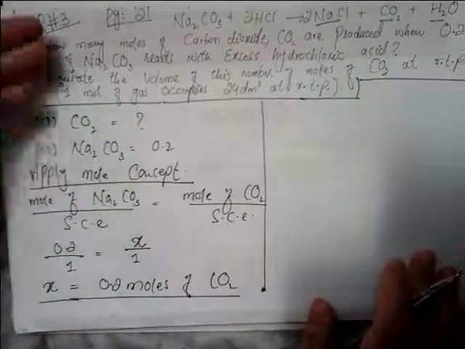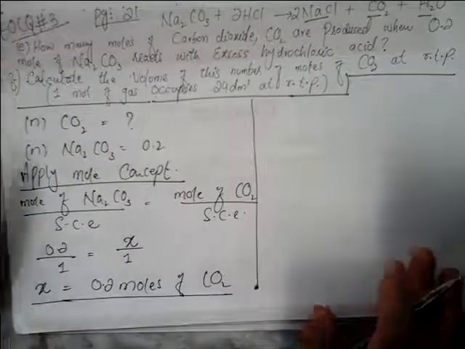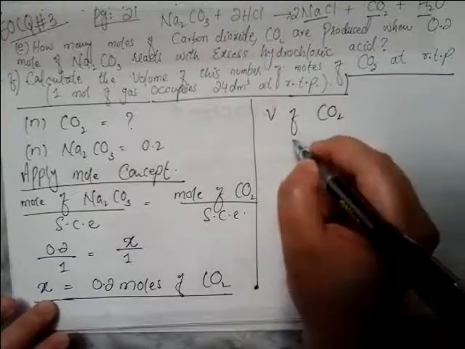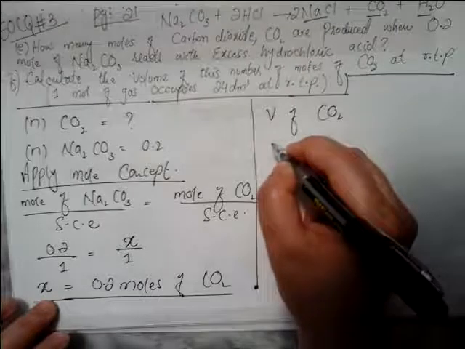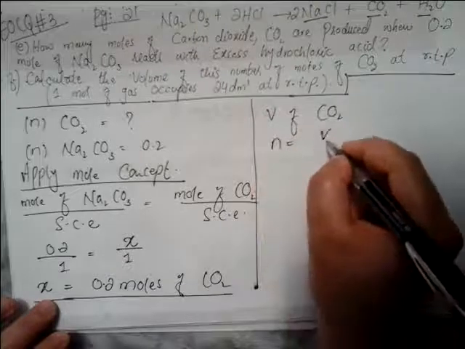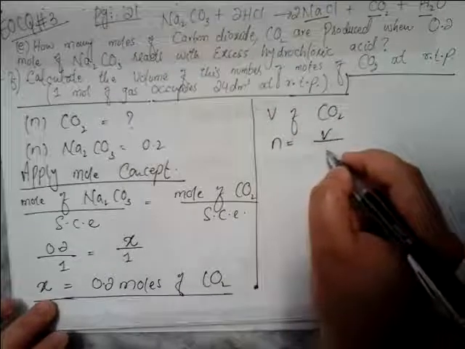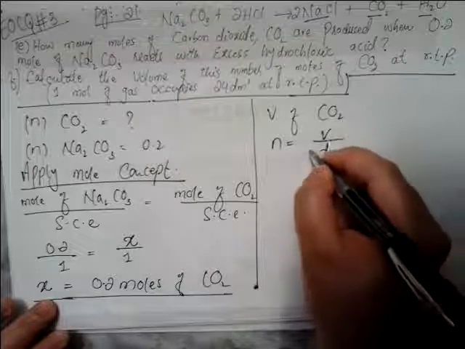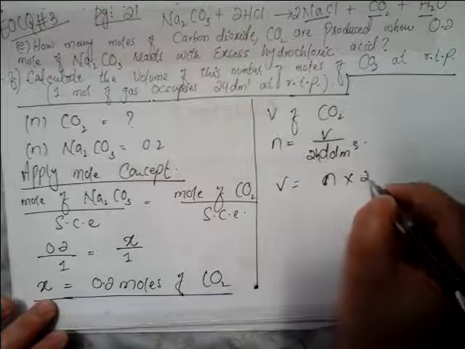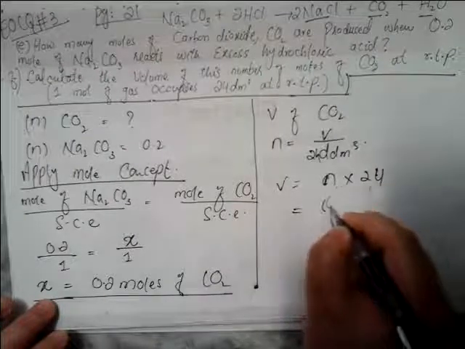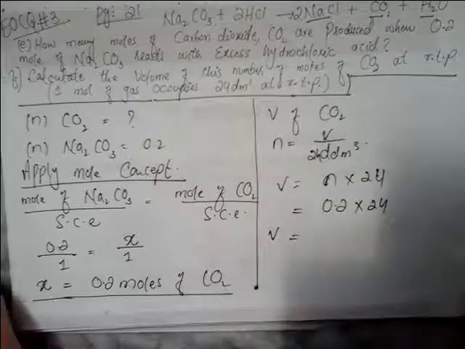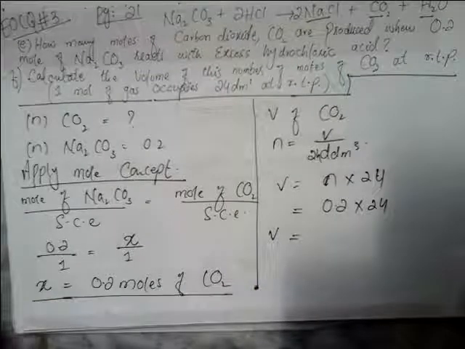Then calculate the volume of this number of moles of carbon dioxide at RTP. Definitely we can calculate the volume of carbon dioxide very easily. Moles are equal to volume divided by 24 decimeter cube, so volume becomes moles multiplied by 24, which is 0.2 multiplied by 24.